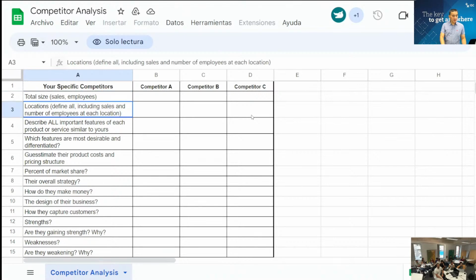Describe all the important features of each product or service similar to yours. So this is business intelligence. You need to know exactly what they are doing, so then you can find a gap. Which features are the most desirable and differentiated in the market? You can get that information through the reviews of their products. So maybe they sell through Amazon, or they sell through another marketplace.